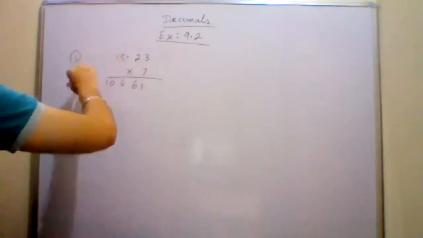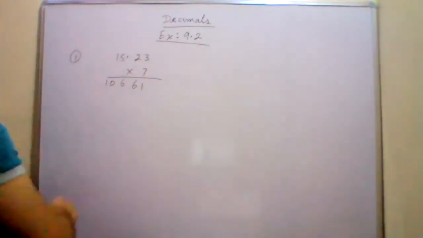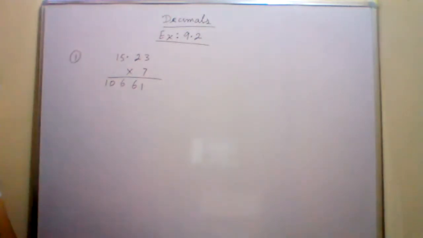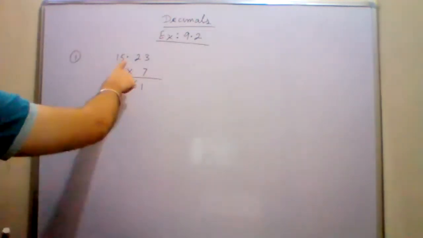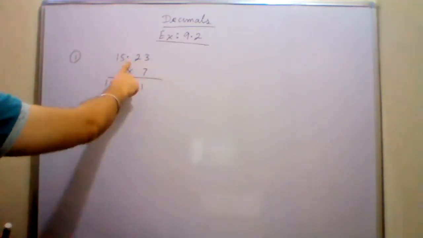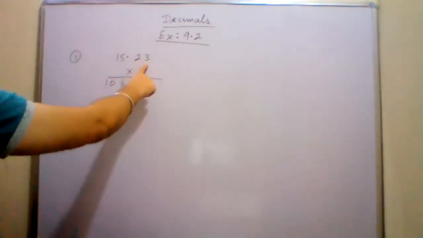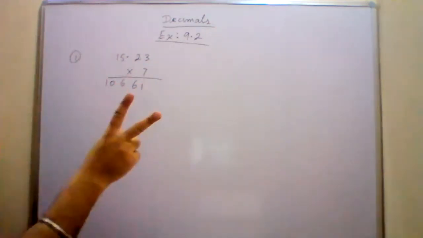Now what you have to do for the decimal? We have multiplied the numbers. Where will the decimal come? Count the number of decimal places in the number. In the first number, 2 decimal places are there, 2 digits after the decimal.